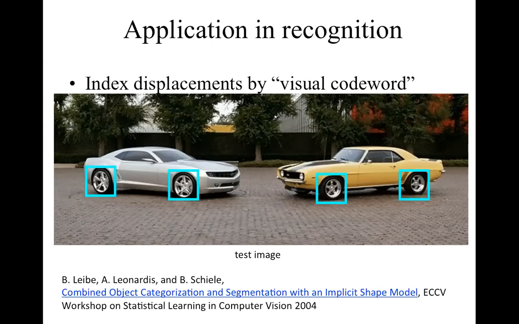For example, you have detected wheels here, then you go into your database and apply all the displacement vectors for each code word, and each code word will vote for some centers of your object in the image, and the center will of course accumulate votes. And in this image you see that the center localizes the cars very well.